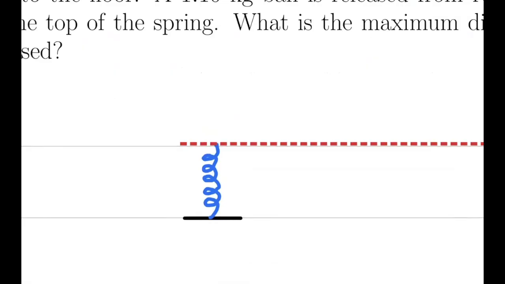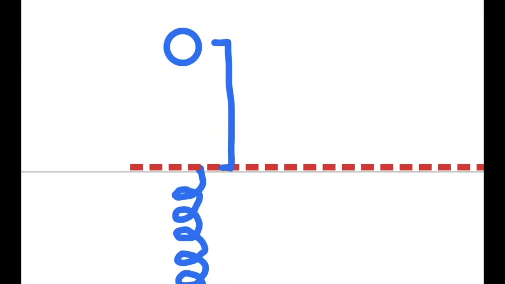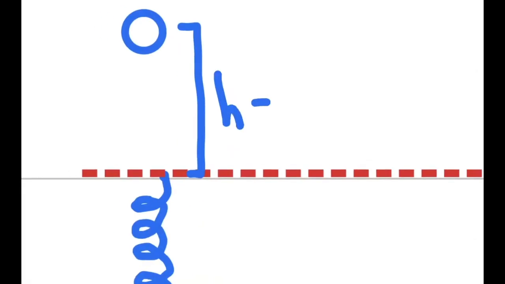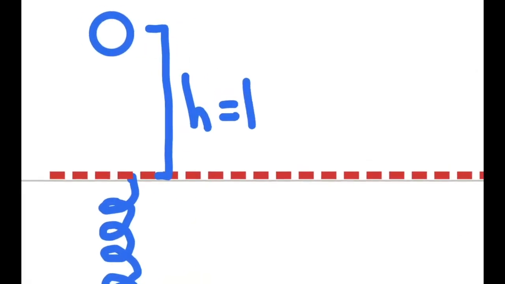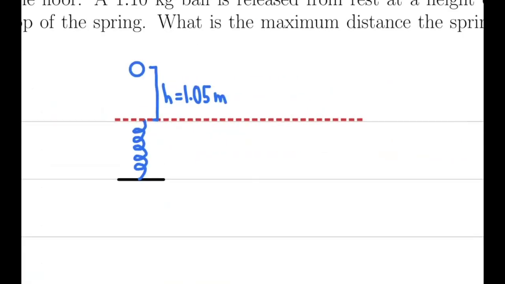And we have a ball that's 1.05 meters above that. So I'm going to call that H equals 1.05 meters. And we're trying to figure out the maximum distance the spring will be compressed. So the ball is going to land on the spring and it's going to compress some maximum distance. So let me draw that separately here.